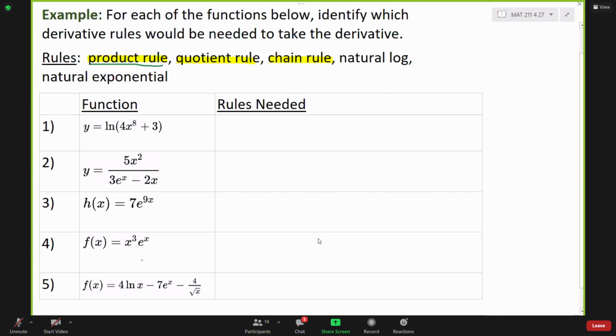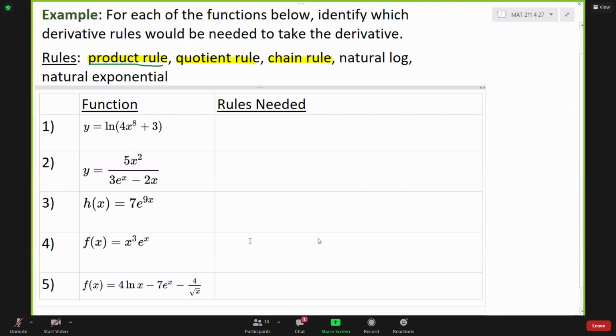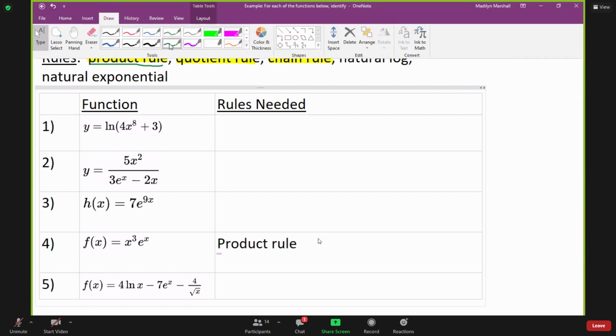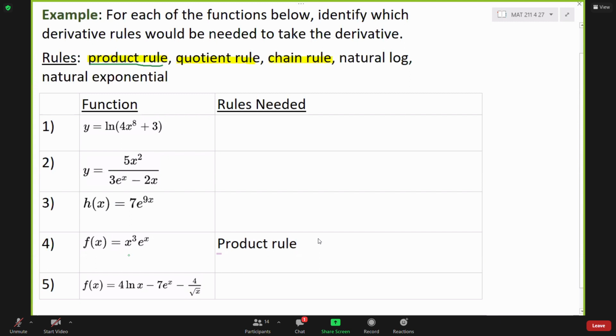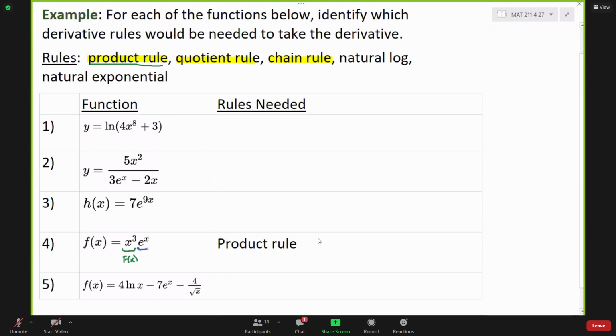So number 4 is definitely going to use the product rule, because we have these 2 separate parts that are being multiplied. We have the x cubed part, which would be our f, our first in the product rule, and then we have our e to the x part, which would be our s, our second. Those 2 are being multiplied together.